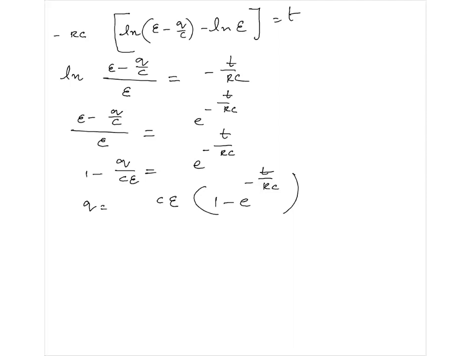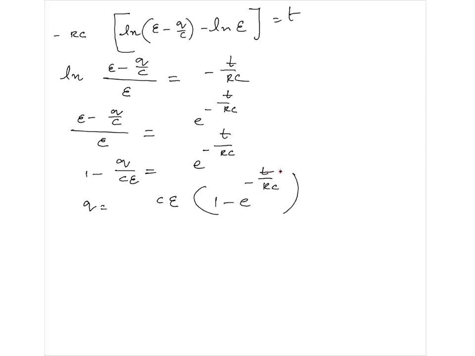If you read it, understand it, e to the power minus x function, you know how that function behaves. It's a falling function, monotonically decreasing, strictly decreasing function. That means as time goes by, this number becomes smaller and smaller.